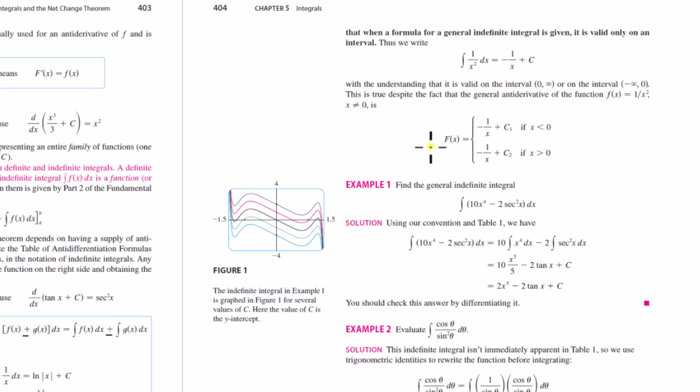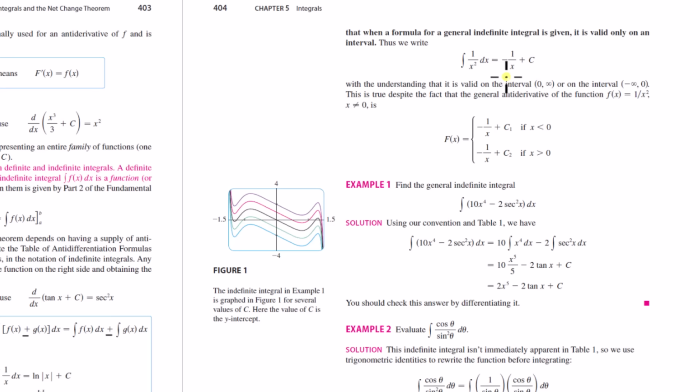But what they're saying here is, when you look at this indefinite integral, you agree that the antiderivative of 1 over x squared is minus 1 over x plus an arbitrary constant. Okay, that's right. However, when you think about this, you can't divide by 0. And so you've got two separate intervals here.